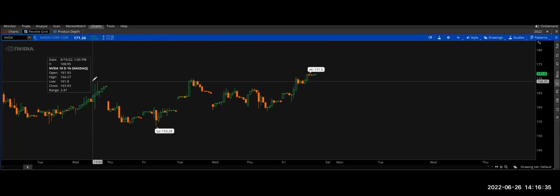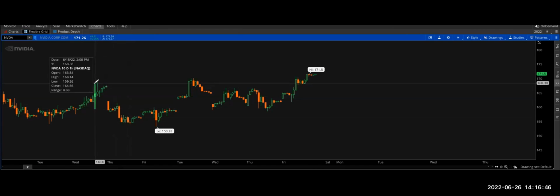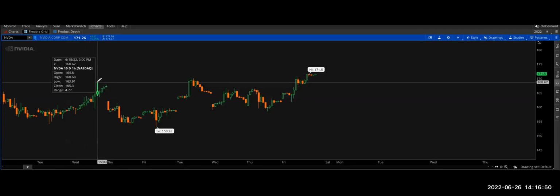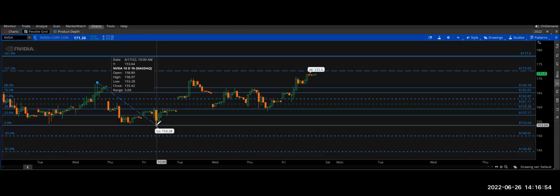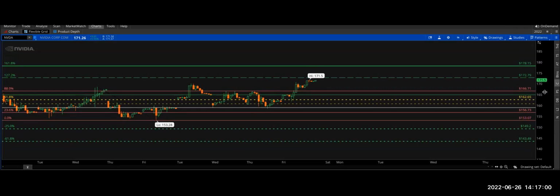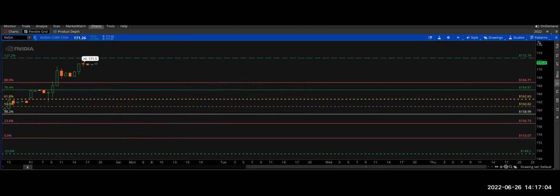Let me look at the trend here. Yeah, because NVIDIA is in a kind of bullish trend. So let me do this, this is actually better. Okay, so let me tighten this up.